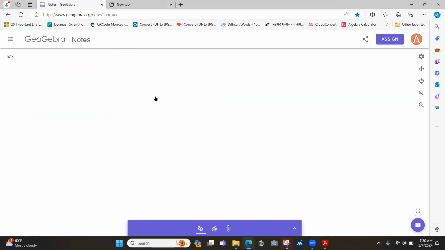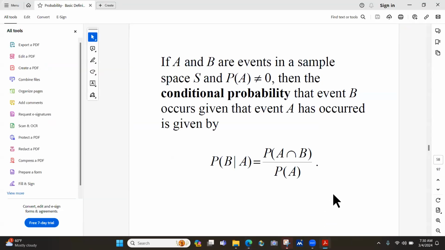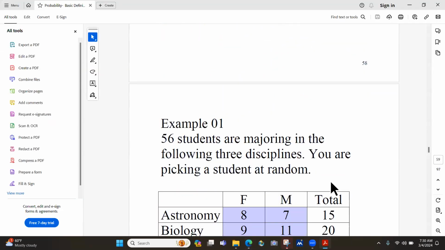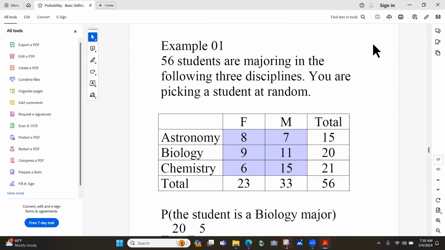The examples I'm going to use are from your book, but more importantly, they are very generic. Most books have those.